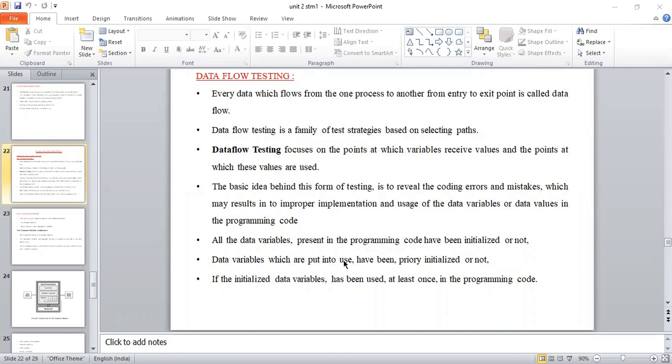See, data variables which are put in use have to be initialized first, and every data variable has to be used at least once in the programming code.